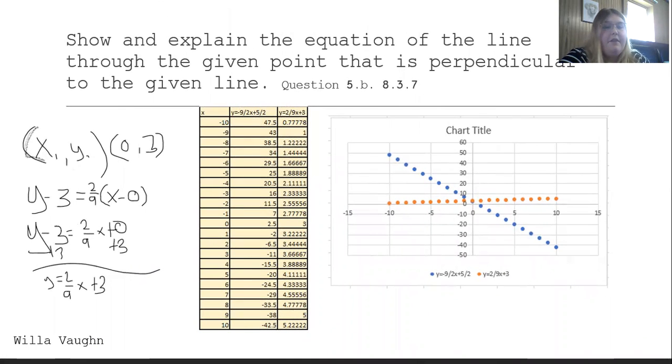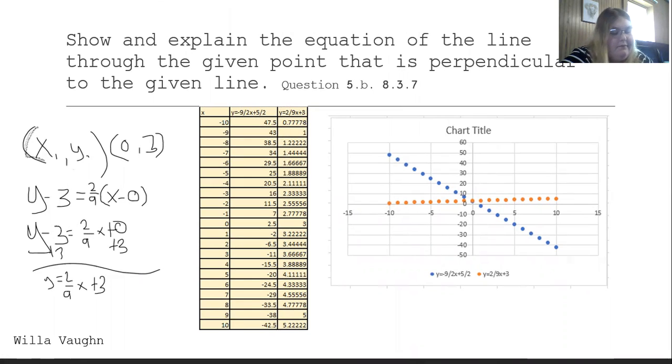So we're doing the same thing on this question. Our first equation was 2y plus 9x minus 5 equals 0. So obviously we have to get that into slope-intercept form, and we have to get the y by itself. So once you get the y by itself, you get y equals -9/2 x plus 5/2.